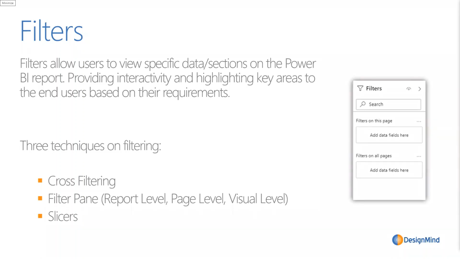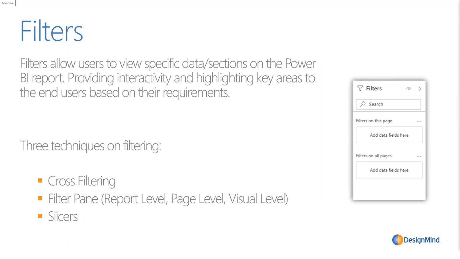Again, please keep in mind that when you're trying to filter these things out, be sure that you're putting the field in the right filter section. From past experience, I noticed that a lot of clients say: my data modeling is correct, everything is correct, but my data somehow seems to be filtered, even though there are no filters on that specific page. It could be filters on the whole entire report instead of filters on that specific tab.